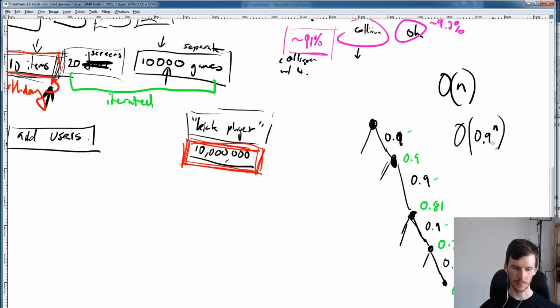I think you just call it k to the n. But as you can see, when you have an O(n squared) situation, once you get above here, your n has to be really super low, or your ability to handle this, as in the number of bits you have, has to be really high.